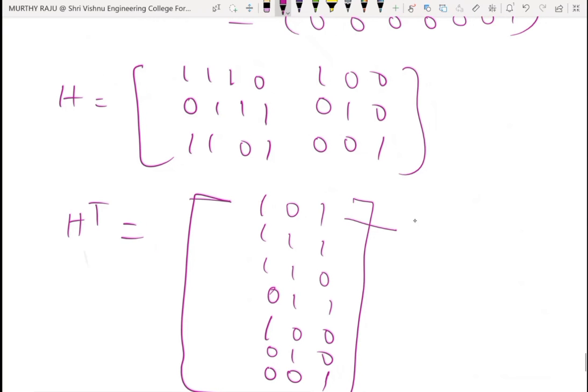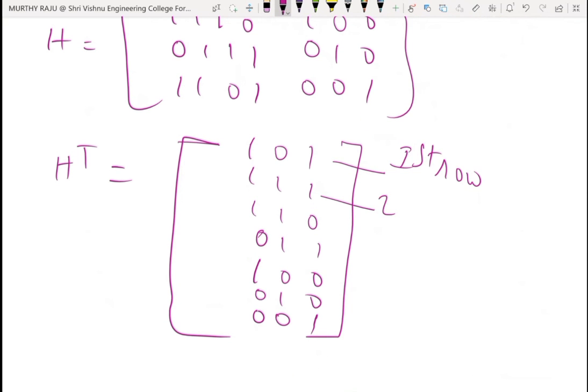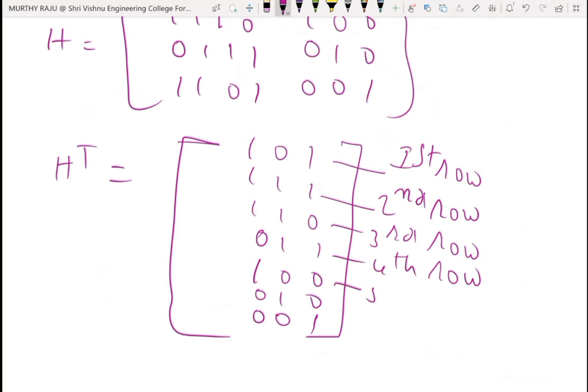This is the first row, second row, third row, fourth row, fifth row, sixth row, and the last one is the seventh row.